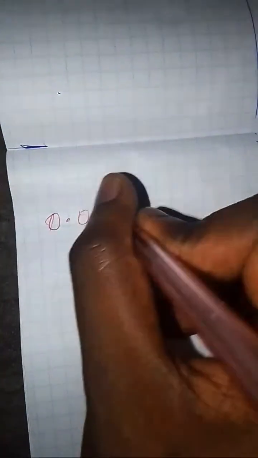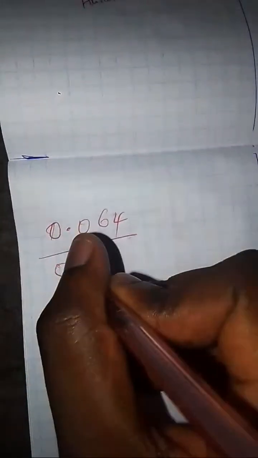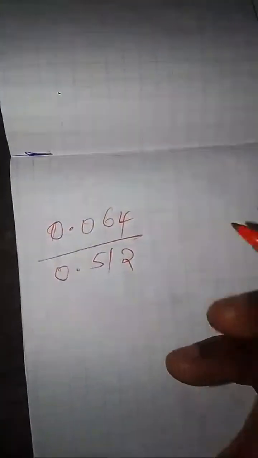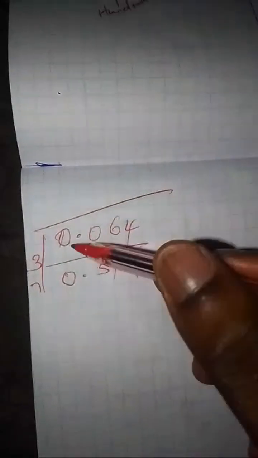We have the number 0.064 over 0.512, then all of them into a cube root. So a cube root for all over 0.512. So in this case, you're going to find the cube root of 0.064.